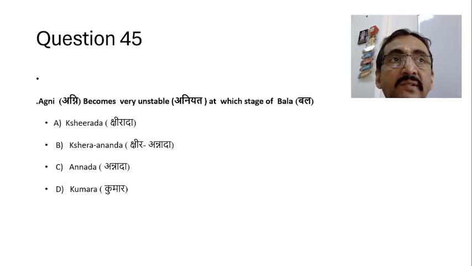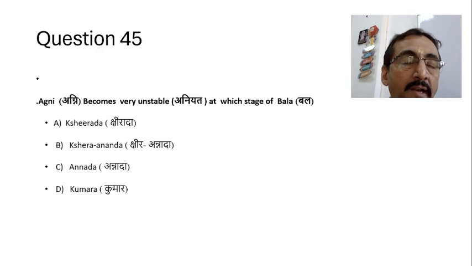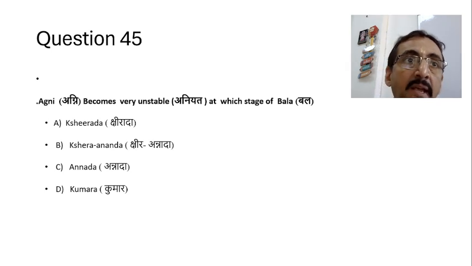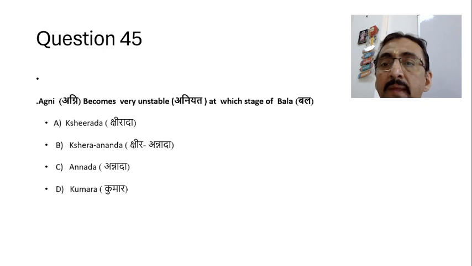Sometimes the child is eating well, sometimes not. Such a presentation will be seen at which particular stage of the pediatric age group? Is it Kshirada, that is the first year, Kshira Annada, 1 to 2 years, Annada, or Kumara Avastha? Kshirada is not the correct answer, Annada is also not correct, Kumara is also not correct.